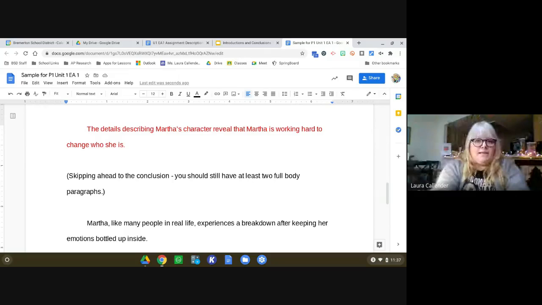But I need to bring my literary devices in here. So remember, I said the second part was interpretive. What does it mean? How do those things, the literary devices that we talked about, work together to help us understand that theme? So it's like putting a puzzle together. Each literary device is a little piece. And now I'm looking at a whole picture, and the whole picture is the theme.